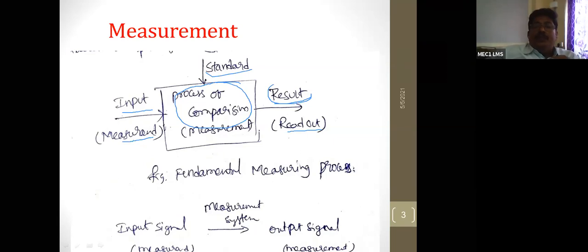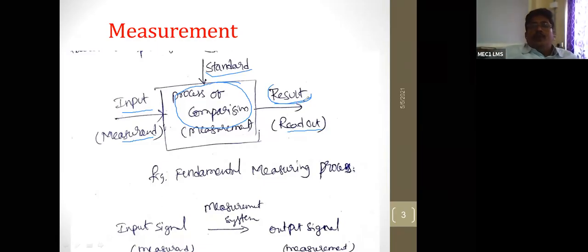The input we can also call the input signal, the measuring, to a measurement system. Here input is nothing but the signal. The output signal is nothing but the measurement of a physical variable by comparison with the standard.